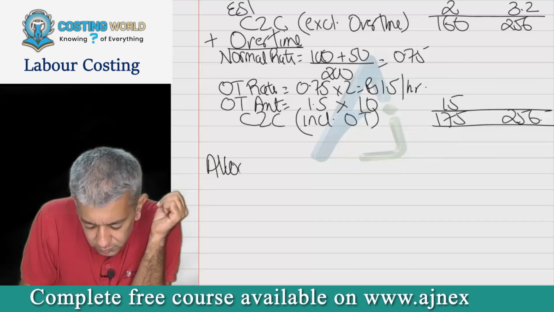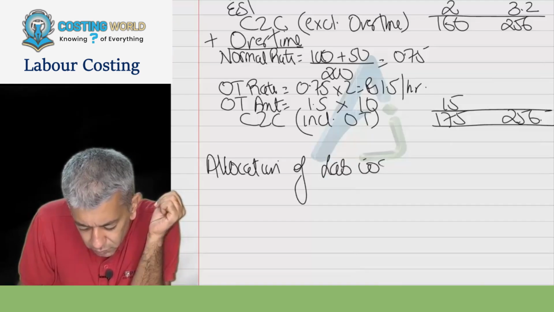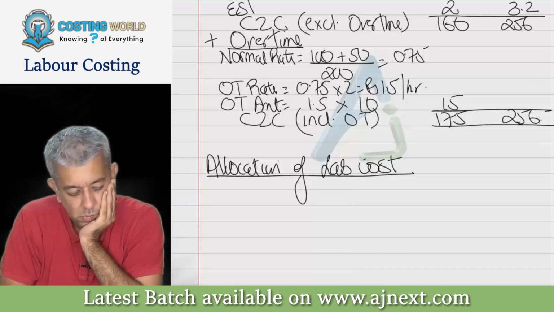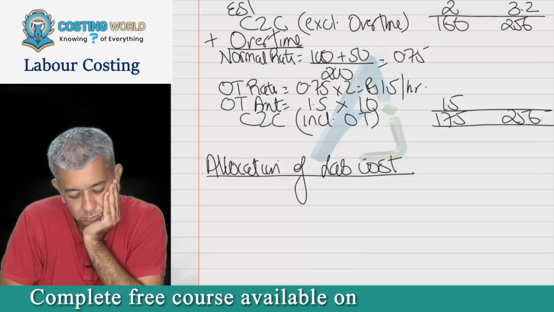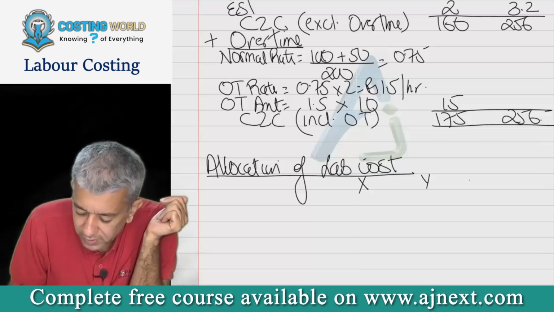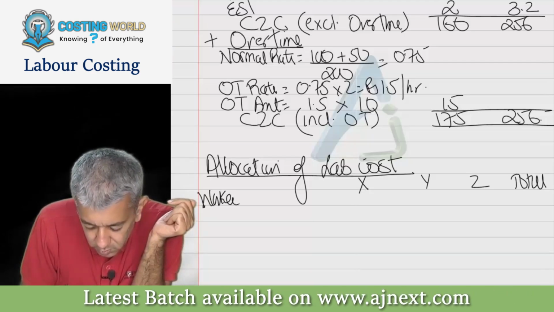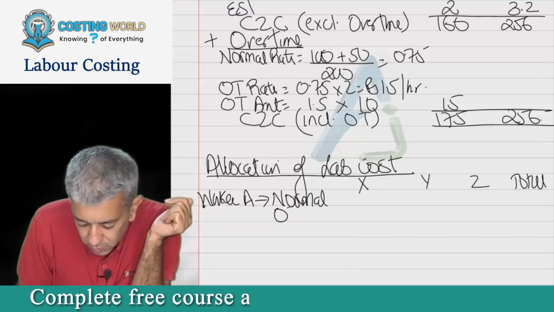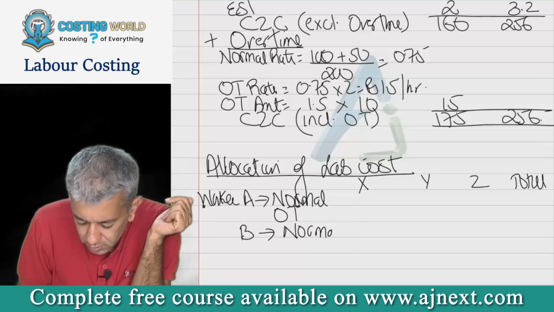Allocation of labor cost. So job X, job Y, job Z total, worker A normal overtime, worker B only normal.